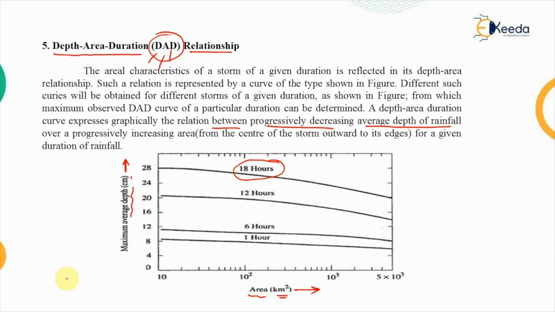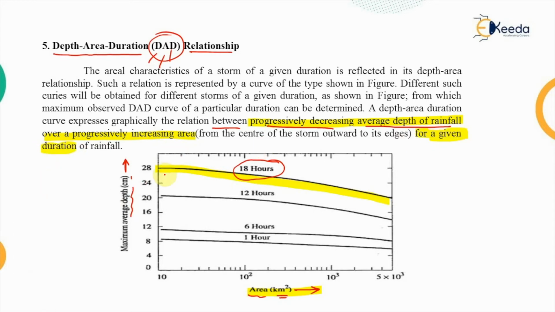So the relation that has been represented by this depth area duration curve is between the progressively decreasing average depth of the rainfall over a progressively increasing area. The area is increasing in this direction, so the depth is decreasing, and that is for a given duration. That is what is important.